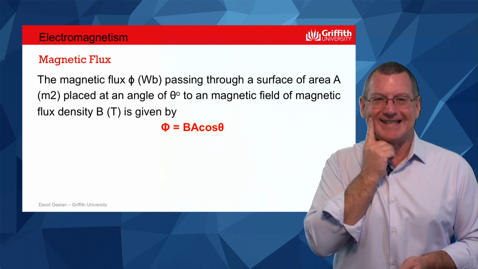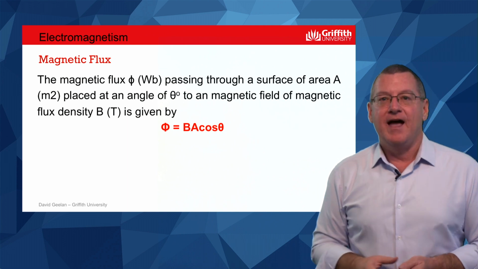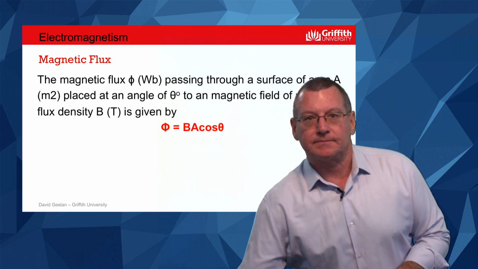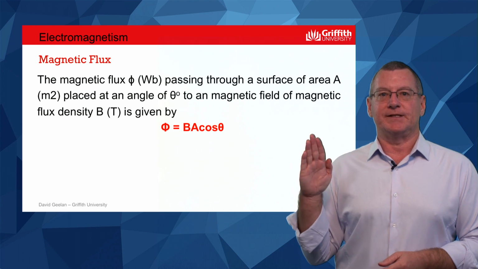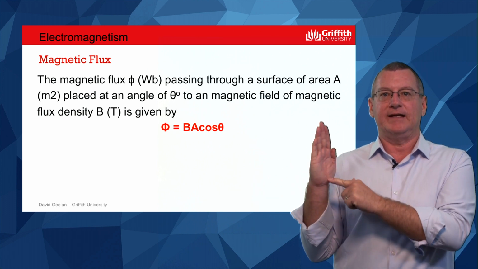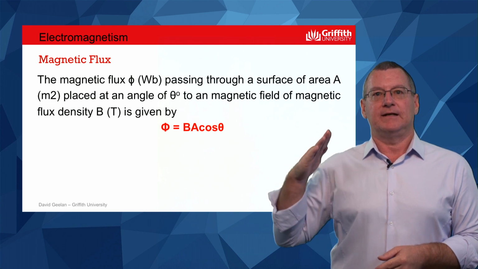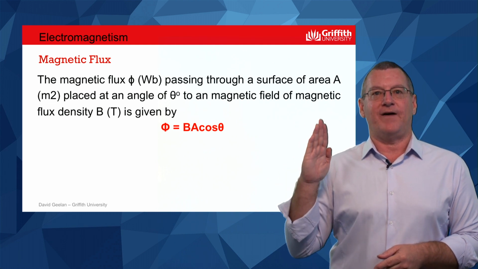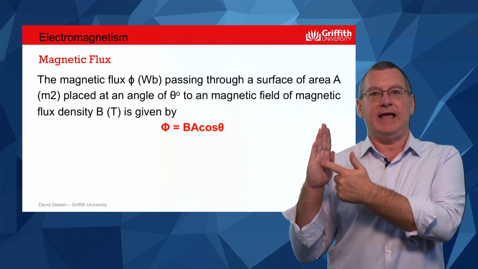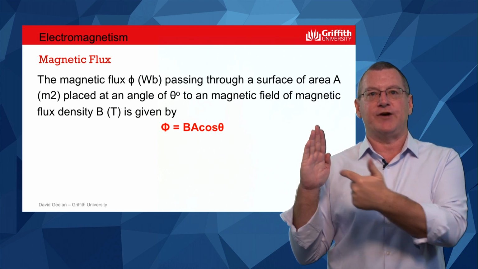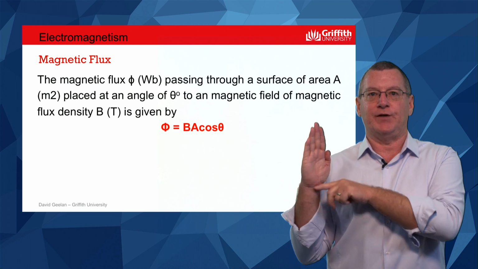Okay, this is slightly confusing. Here's the surface area. Here's my surface. It's got area A. Now, when I want to talk about the direction of that, the best way to actually specify that direction is with a vector coming straight out of the middle of it at right angles to every surface on it.